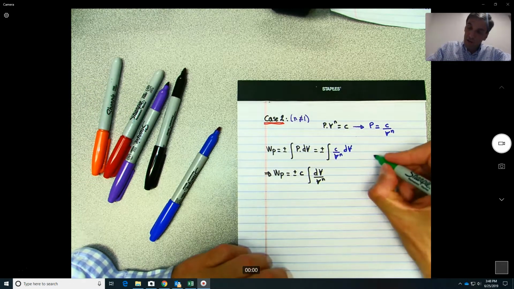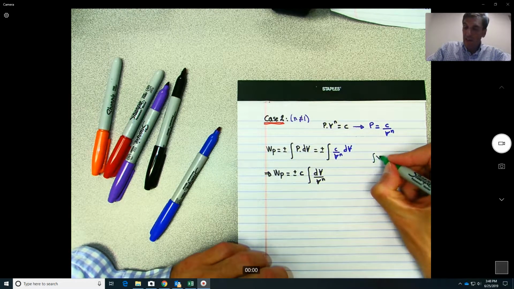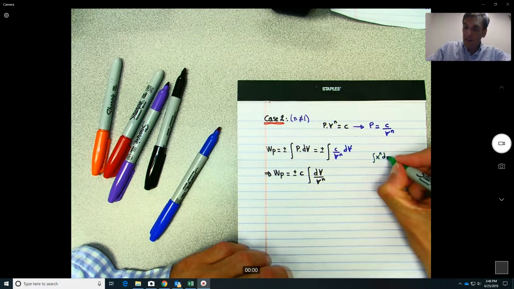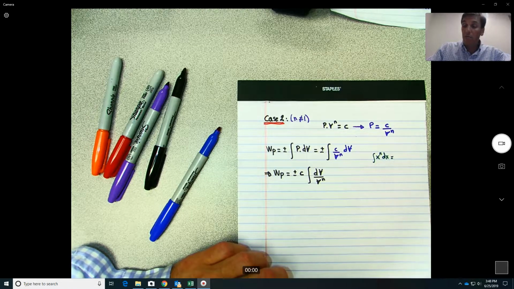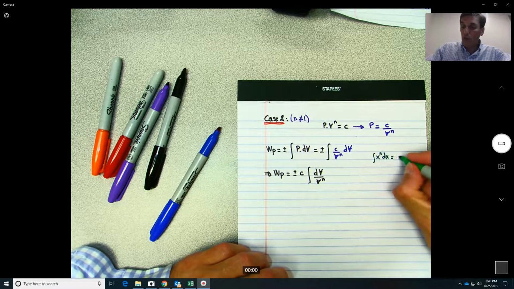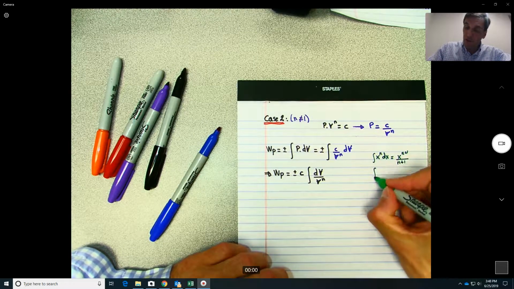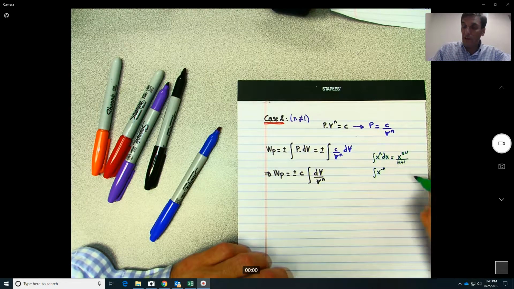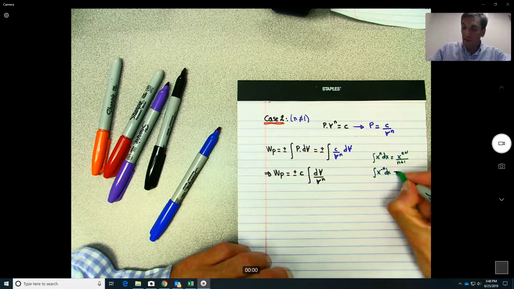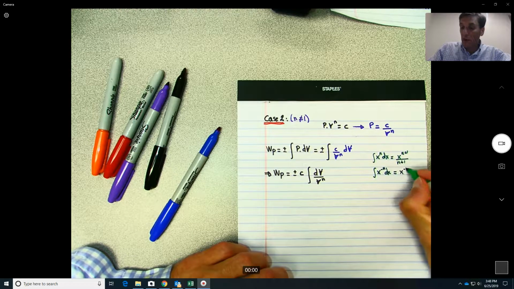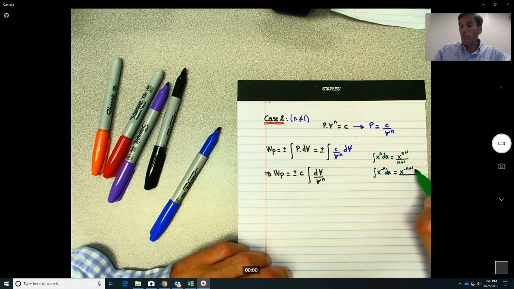So what is the integral of x^n dx? You all know that this will be equal to x^(n+1) divided by n+1. So if you follow the same reasoning, the integral of x^(-n) dx will be equal to x^(-n+1) divided by -n+1, which is the same as 1 minus n.